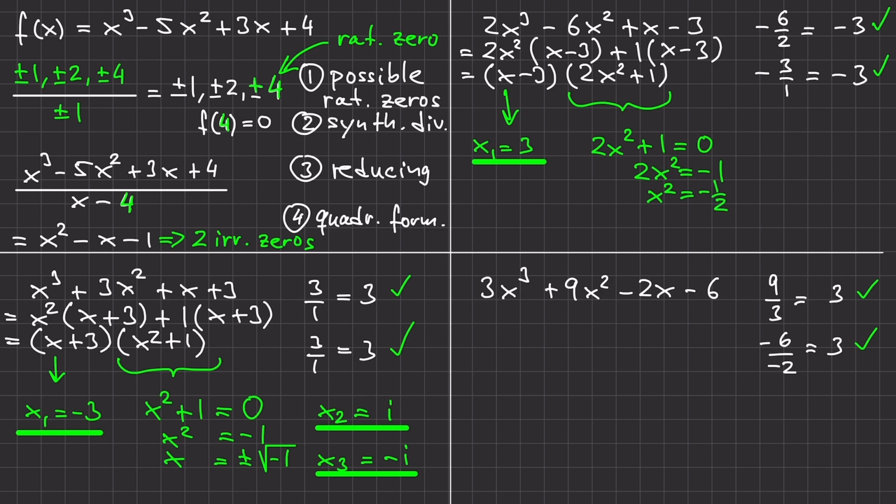Now we take the square root from both sides, so we get x equals the positive and negative square root of -1/2. So our second solution is 1 over the square root of 2 times i, and our third solution is the negative of 1 over the square root of 2 times i.